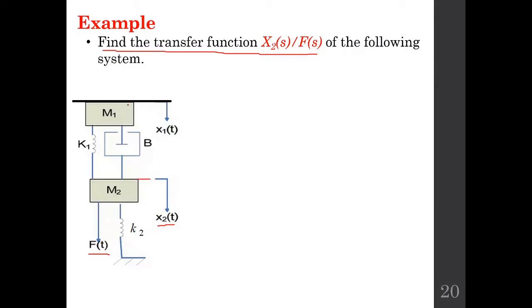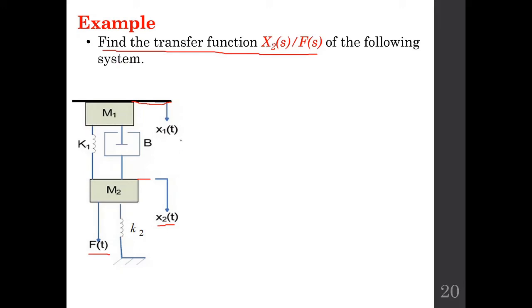These two bodies, m1 and m2, are connected by k1 and this dashpot b, and the applied force is in this direction. Body m2 is also connected to this spring k2, which is connected to, let us say, a stationary point, or it can be a wall as well.